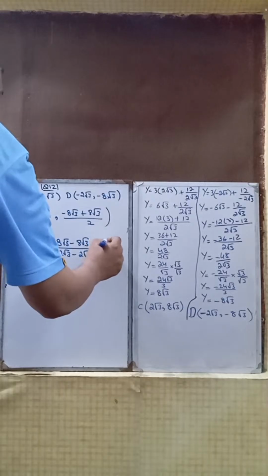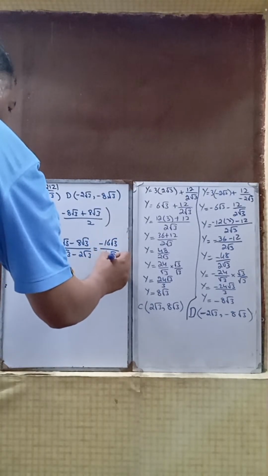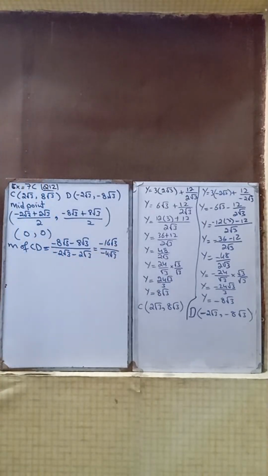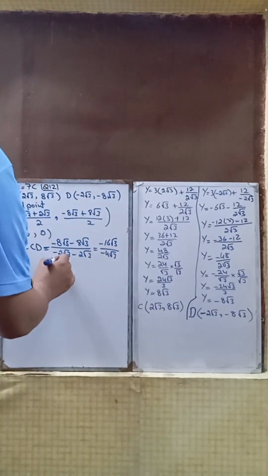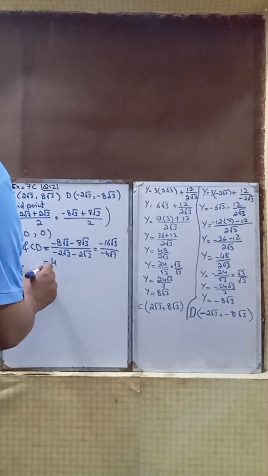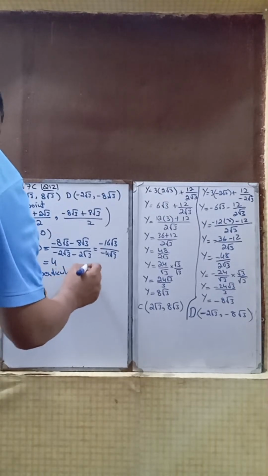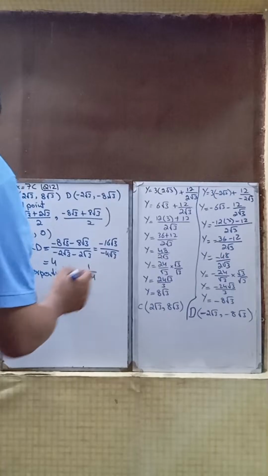So it will be minus 16 under root 3 divided by minus 4 under root 3. Root 3 and root 3 cancel, and minus 16 divided by minus 4, so the gradient is 4. The gradient of the perpendicular to the CD will be 1 by 4 with the sign changed.